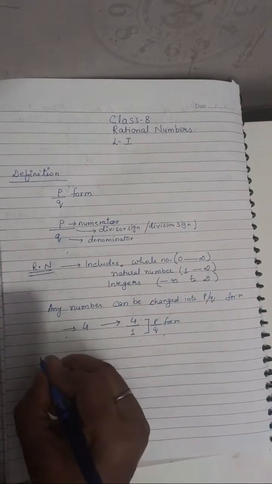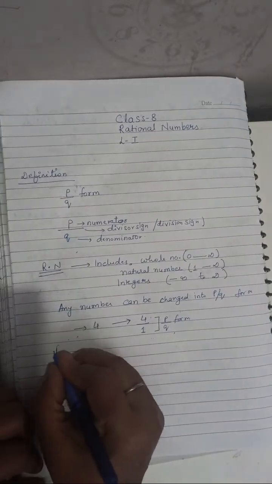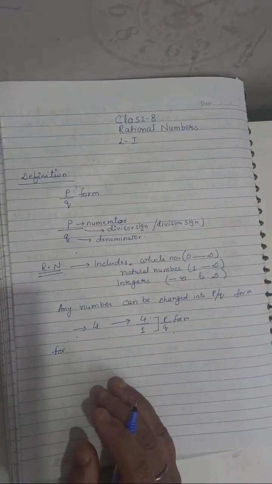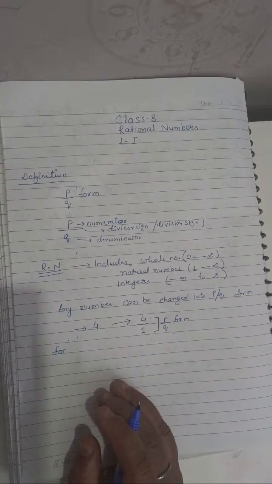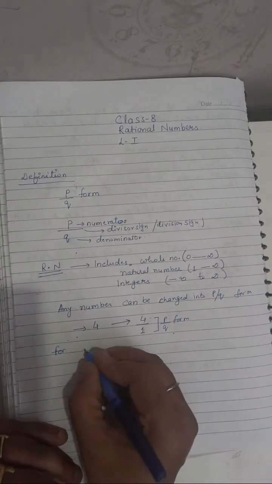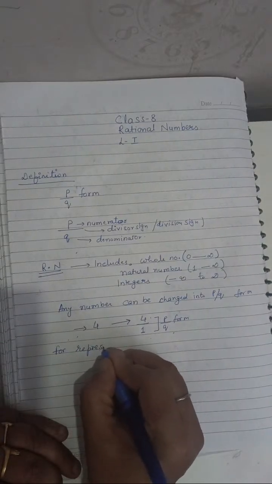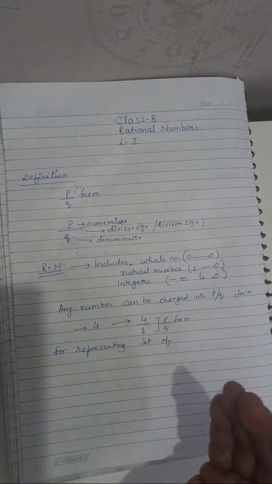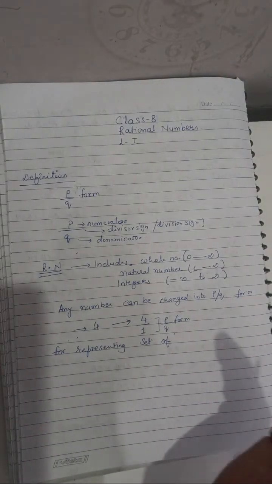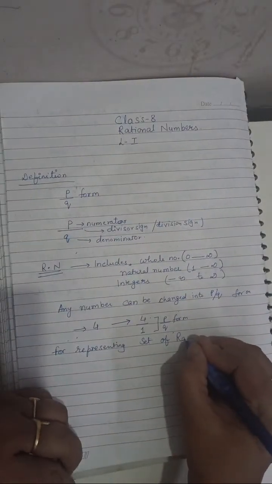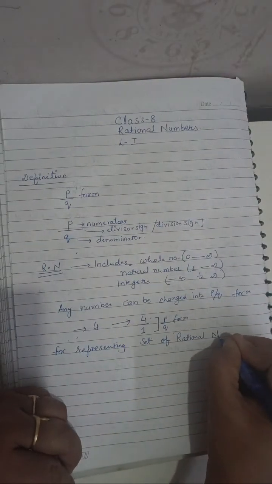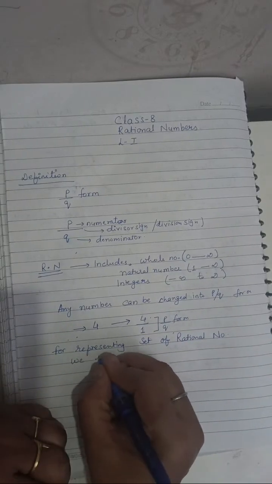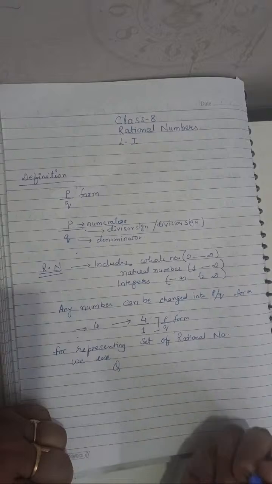Okay. Now for indicating in higher classes, right now you are in class 8. Ab class 9th mein jaoge na jab aap, so you will learn the set. There are some standard notations which are used for sets. For representing a set, which means a group of, a set of rational numbers, we use Q. What letter do we use?